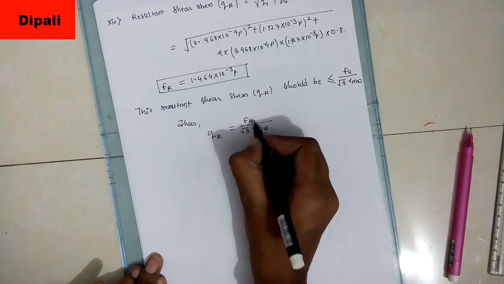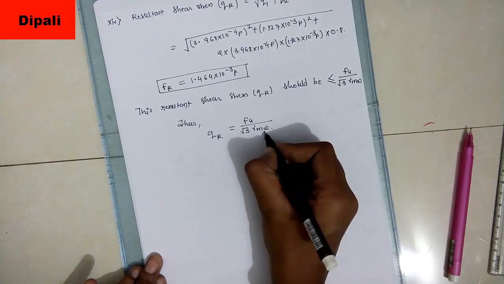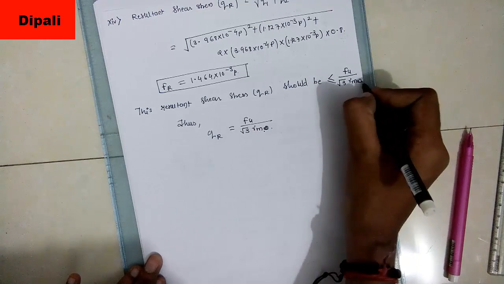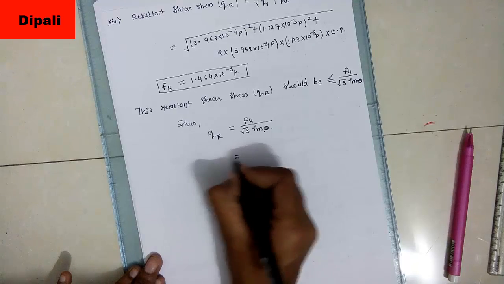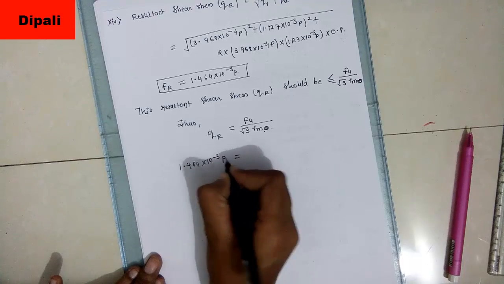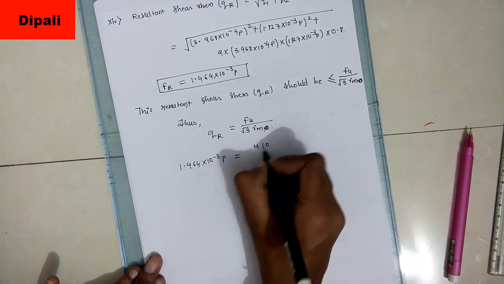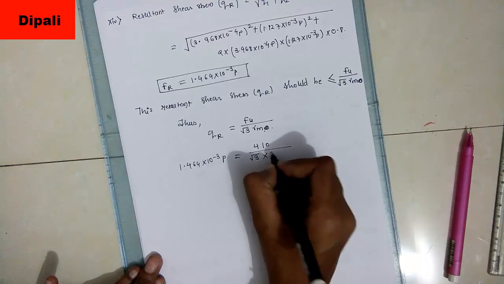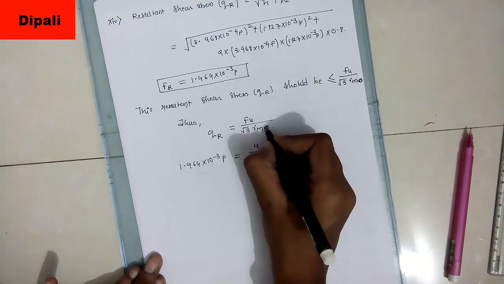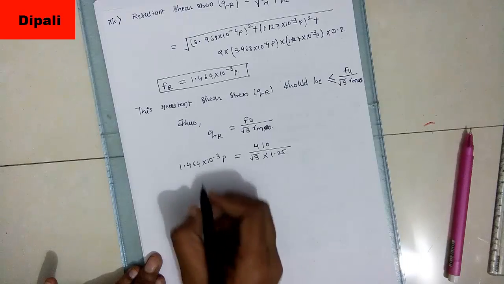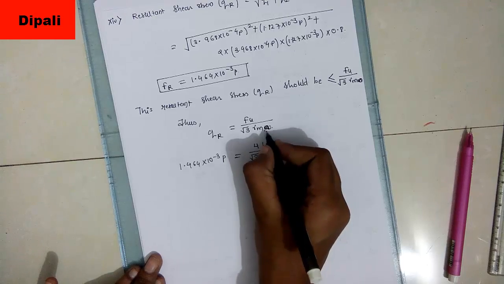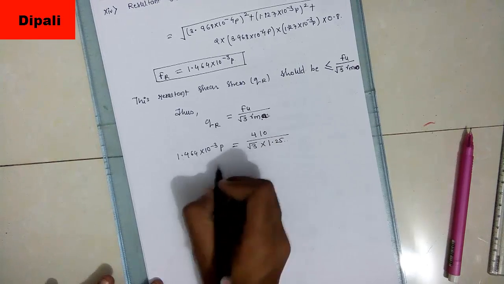We know the value of qr, we know the value of fu, and we also know the value of gamma m. Oh, sorry, it is not for the weld. 1.464 into 10 to the power minus 3 into P equals fu, which is 410, upon root 3 into 1.25. The value of gamma mw is 1.25. Okay, this gamma mw is for the shop weld. Okay, assuming the shop weld, that is 1.25.